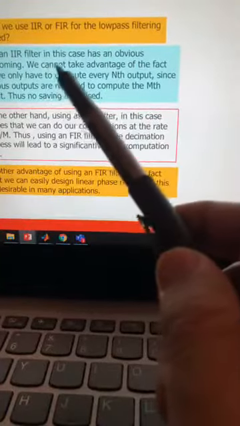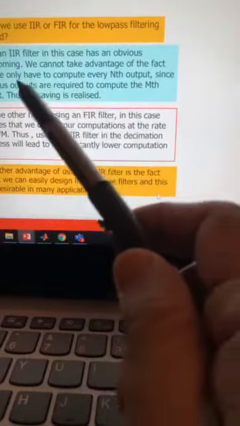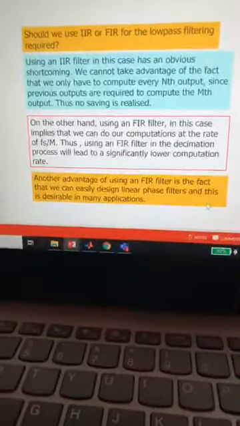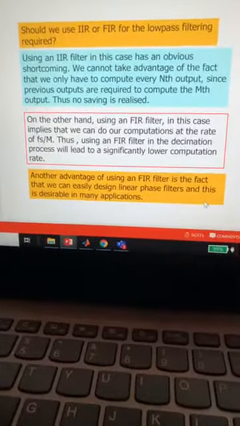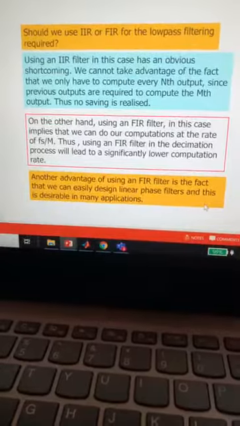So this was a myth. This is the slide which says using an IIR filter in this case has an obvious shortcoming. We cannot take advantage of the fact that we only have to compute the nth output sample. So IIR filters are traditionally not used for decimation and interpolation, because the luxury of only computing the sample which you require is not there in an IIR filter, because an IIR filter uses the previous sample to compute y of n.